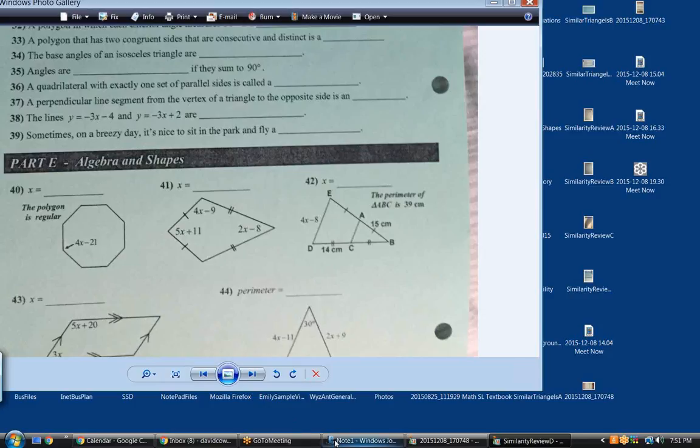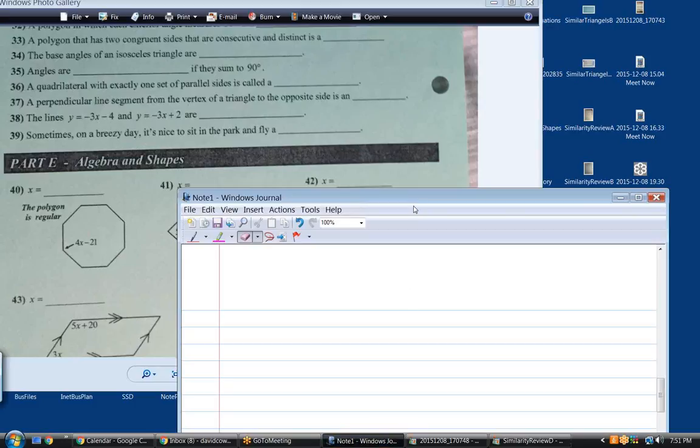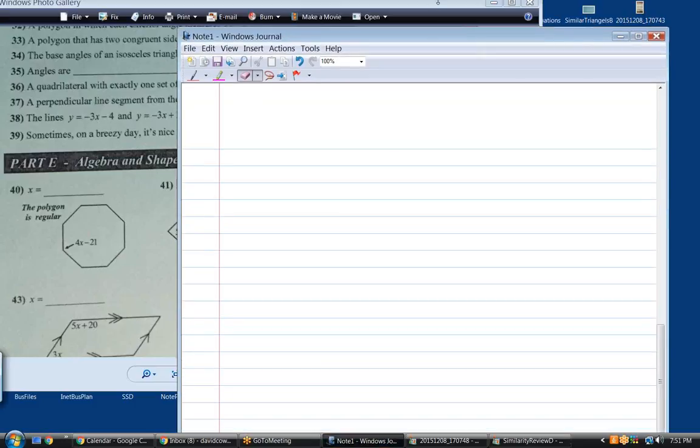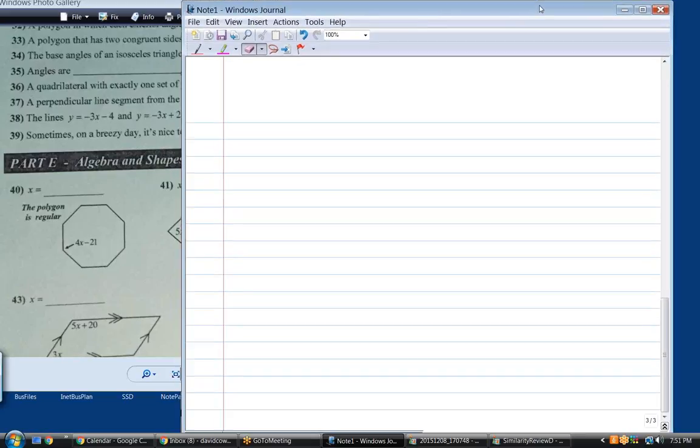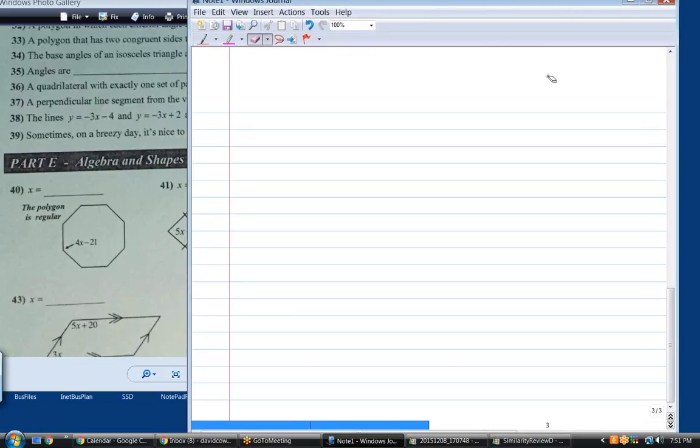How do we solve for x? Well, we would say 4x minus 21 equals 1080. Not quite, but you're close.